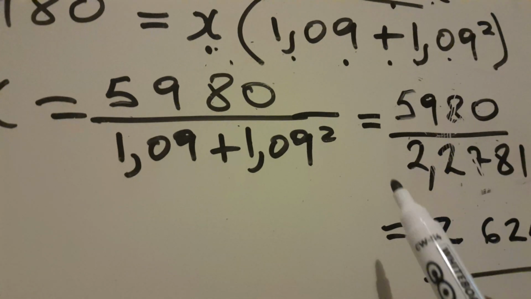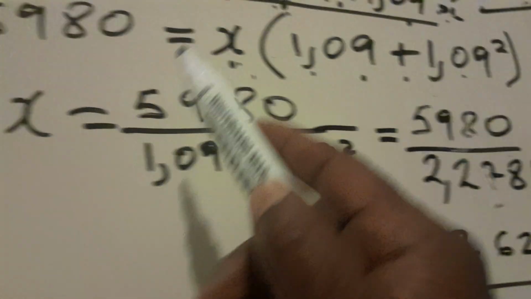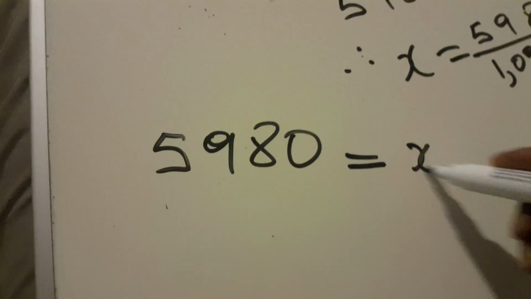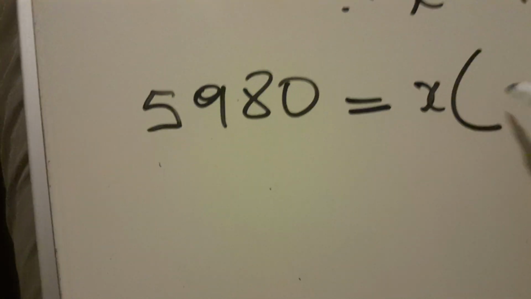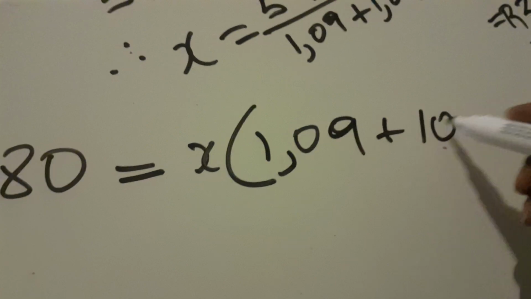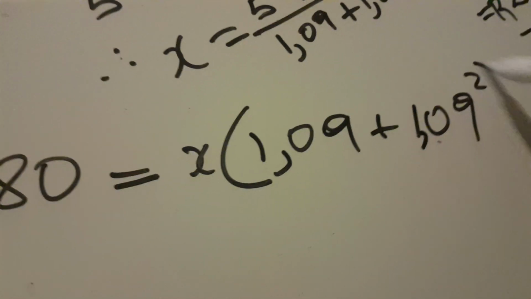Then 5980 is equal to x times 1,09 plus 1,09 squared.